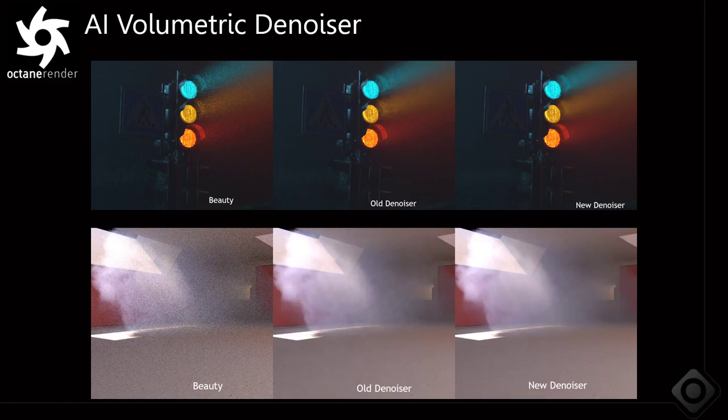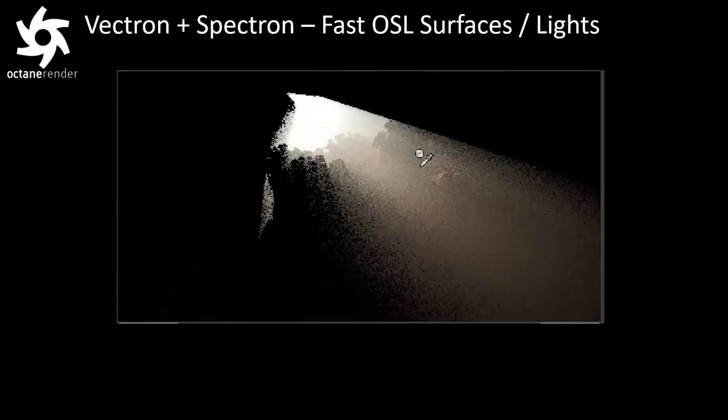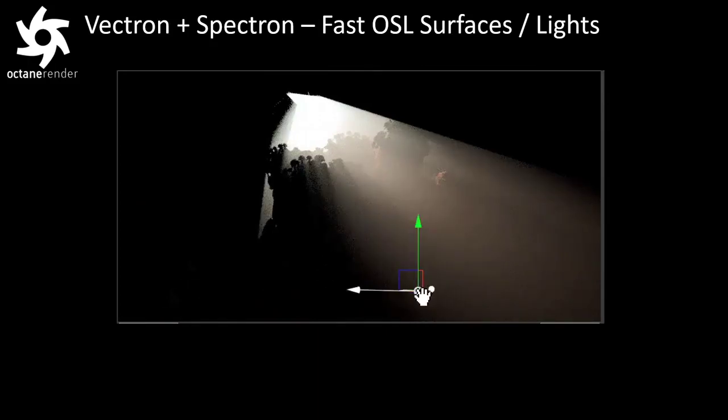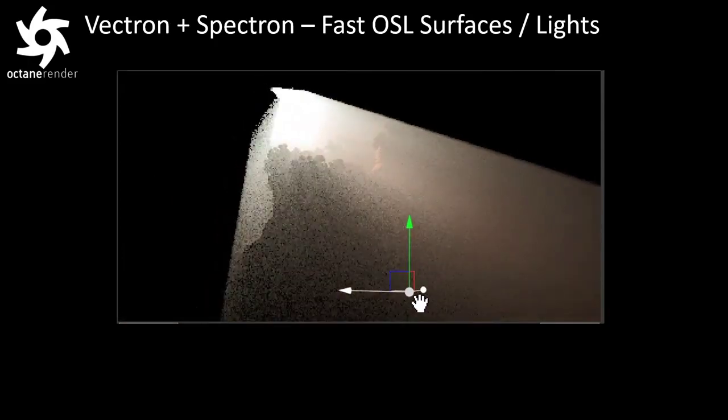And the other effort that we've been working on inside of Octane is to go beyond sort of triangles and volumes and to do things that are fully procedural. So we created something called Vectron, which is a procedural primitive. You can author it in Open Shading Language, which is a part of Octane. You can see here, this is a fractal object that is completely generated at runtime on the GPU.